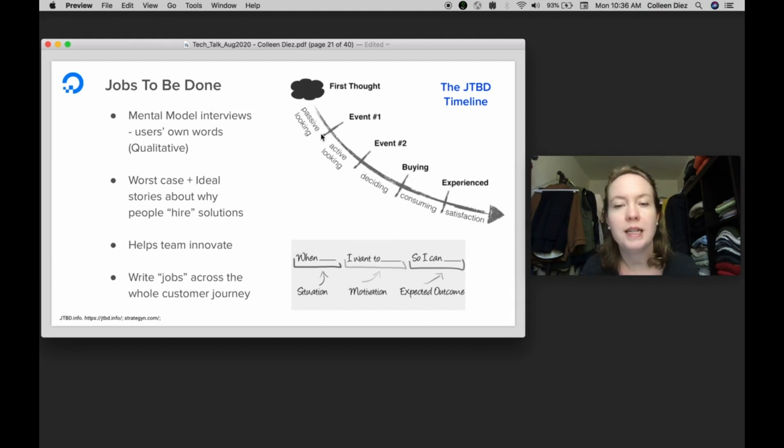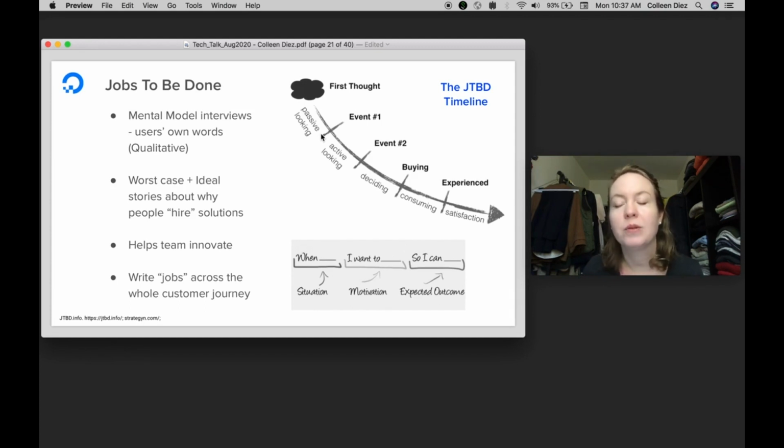So it is qualitative data. And we ask customers about their worst case scenarios as well as their ideal situations related to why they actually hire solutions.